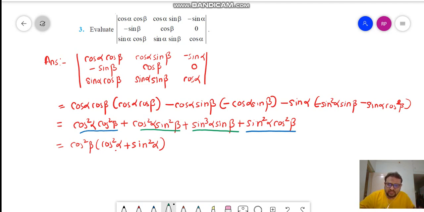Okay, let us check, is there any mistake? Here there is a mistake, here it's sin beta into sin alpha sin beta, right? So here it will not be sin square alpha, it will be sin square beta. Okay, so let us erase it.